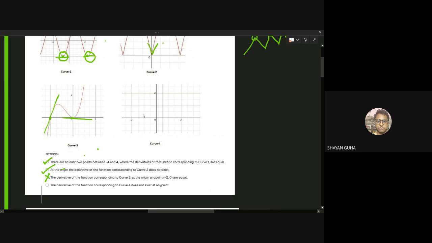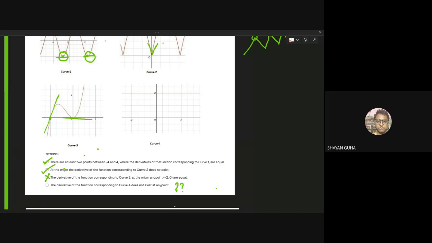So I won't be talking about the last option because I can't find the curve. Can you people see any kind of curve which I am missing? Should I move on to the next question?